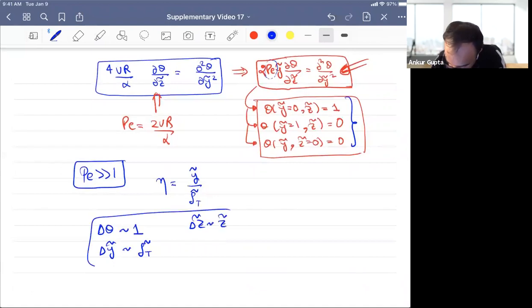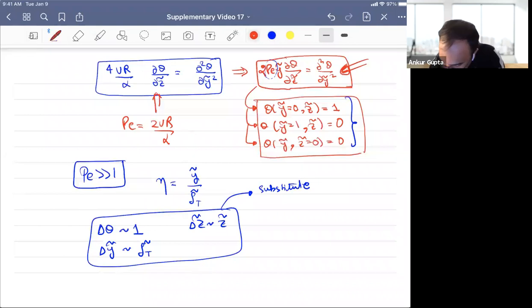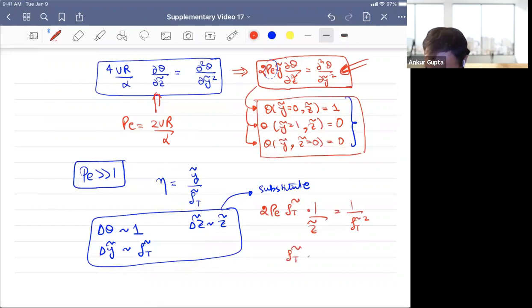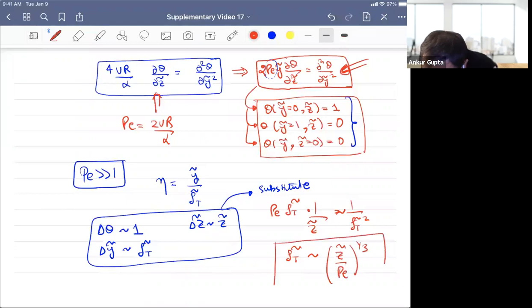So we can substitute this and we get 2 times Peclet times delta t tilde into 1 by z tilde gives us 1 by delta t tilde square, or delta t tilde essentially roughly scales as, and we can ignore this factor 2 because that's not important, z tilde by Peclet to the power 1 by 3. Okay, I hope this makes sense.